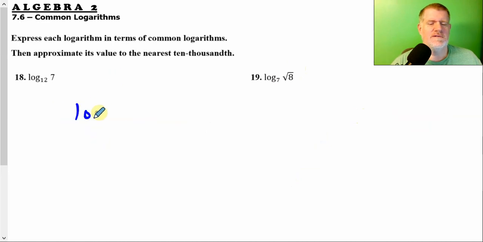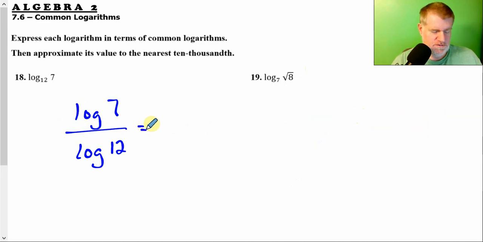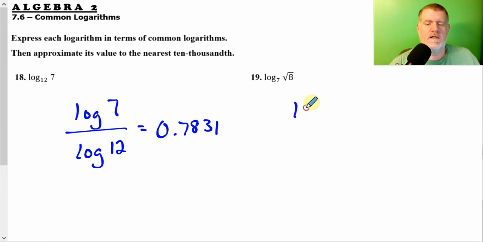Oh, I threw you a curveball here. Log of 7 over log of 12. My birthday again, but just reverse ordered. Log of 7 divided by log of 12. 0.7831. And the log of the square root of 8 over the log of 7 equals about what?